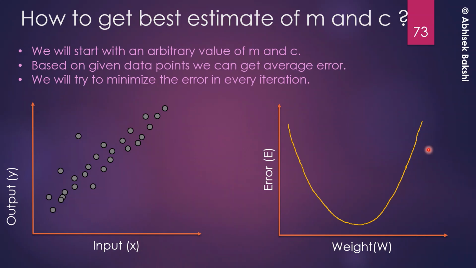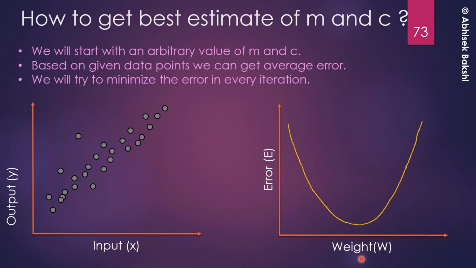On the right hand side, as you can see here, the y-axis is giving the error and the x-axis is giving the weight. Weight means the variables on which the orientation of the straight line depends.